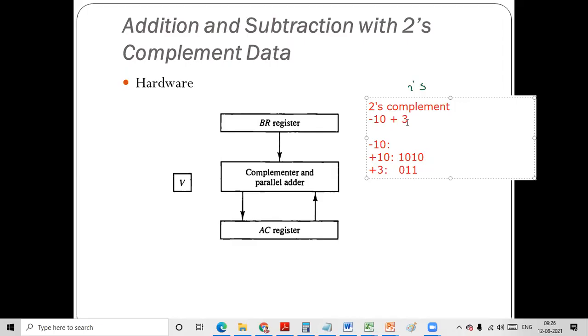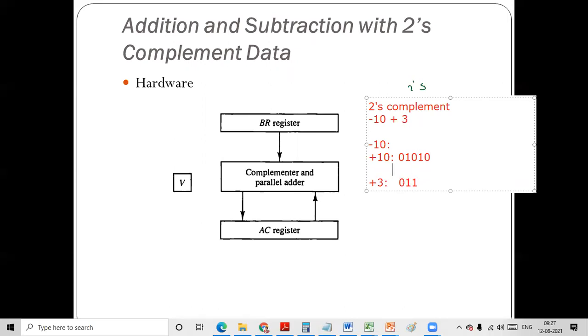This is not plus 10, this is just 10. I want plus 10, so the most significant bit should be 0. Only then can I conclude that the number is positive. So this is plus 10. Now you have to take 2's complement of it.